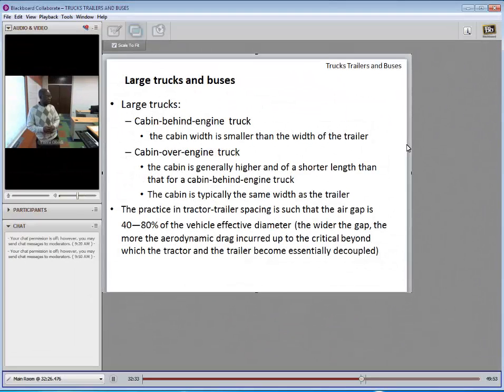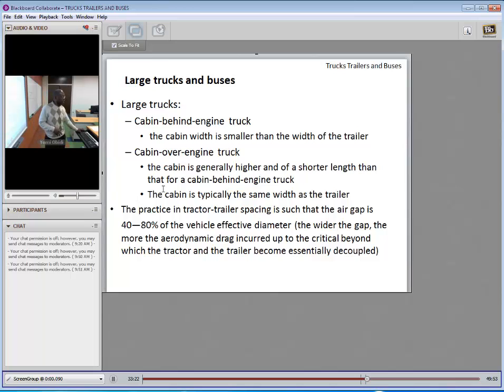Light trucks and buses. We want to look at light trucks and buses. First, let's look at the light trucks. There are 2 main types of light trucks: the cabin behind engine truck and the cabin over engine truck.